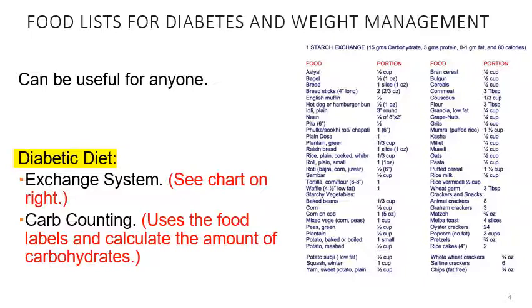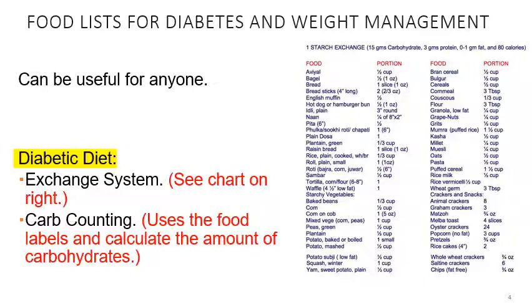The exchange system is that chart, that list of foods on your right hand side, and it tells you which foods have how many exchanges. Then you pick out what foods you want to consume based on your medication and also how much carbohydrate you need to take. But the list of food is more limited.